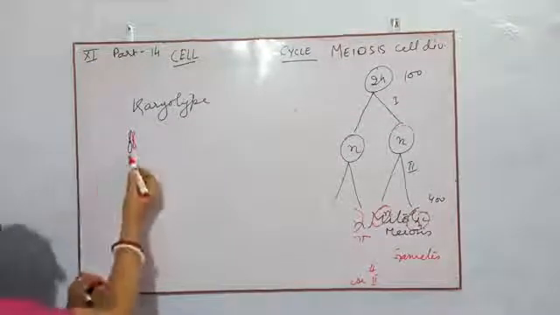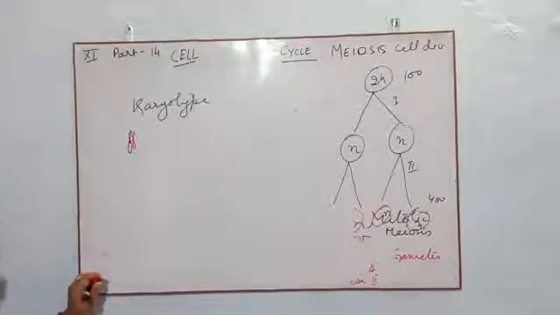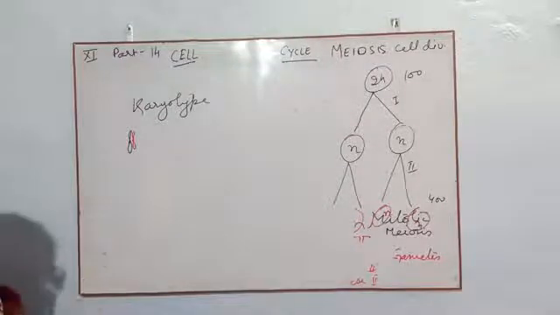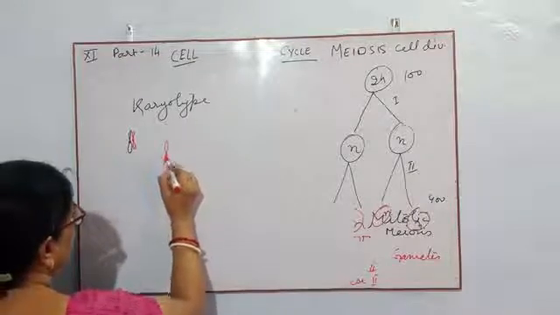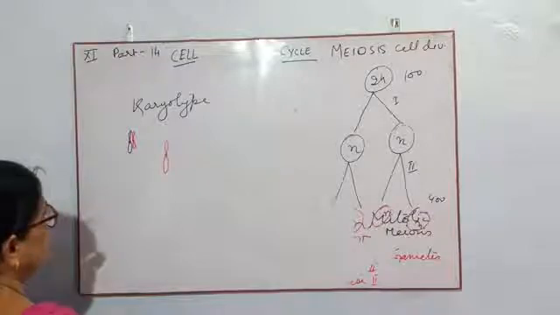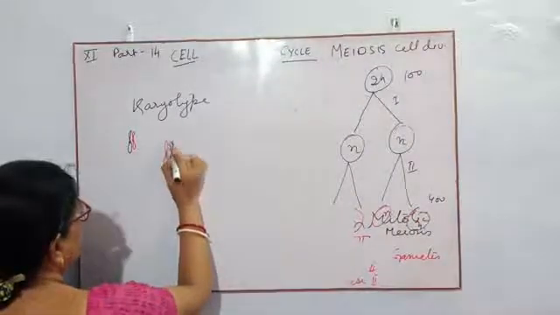But children, see here, these two chromosomes are not homologous chromosomes, so they cannot synapse or form a proper pair. So karyotype means the formation of proper pairs.